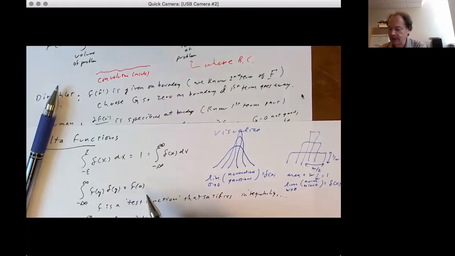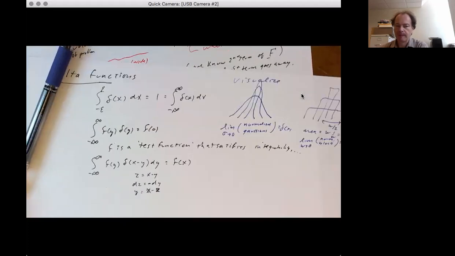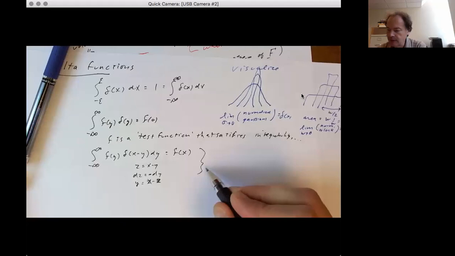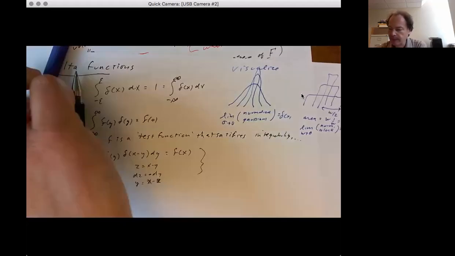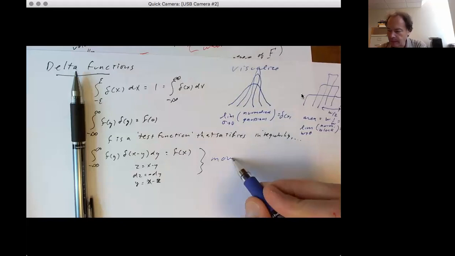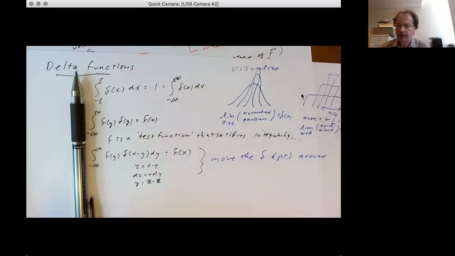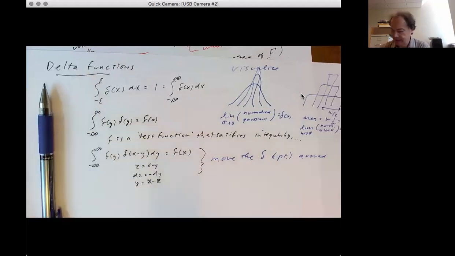I'm setting z equal to 0, and so I get f of x out of that. And so that allows us to move the point around.